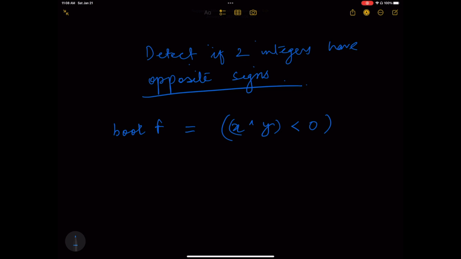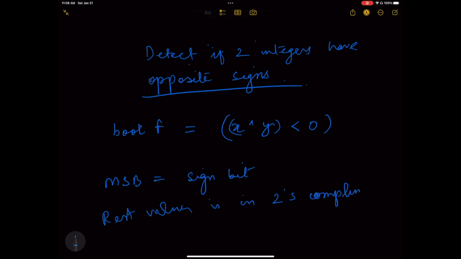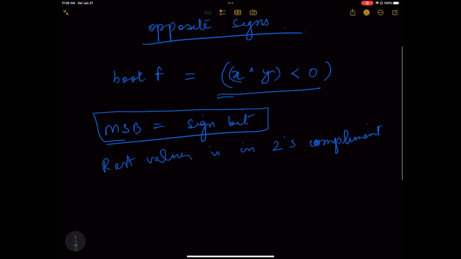To give you a quick recap, the most significant bit is the sign bit, and the rest of the value is in 2's complement form. Okay, but this is the important part for this video to understand how this thing is working.